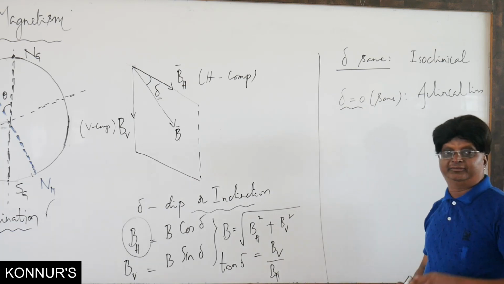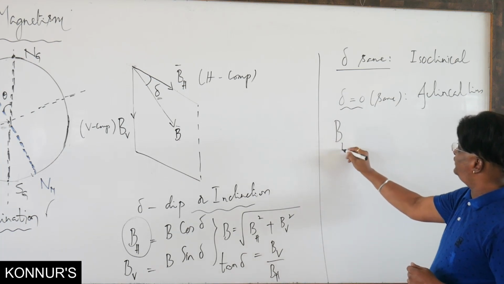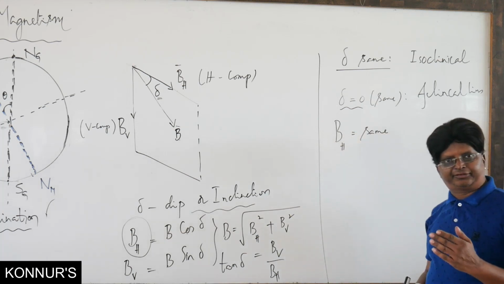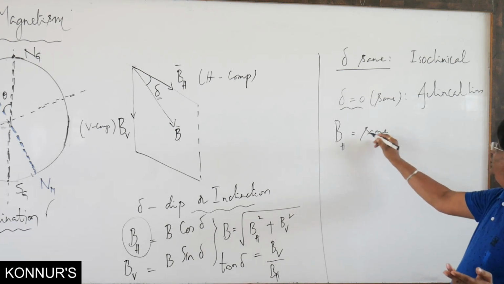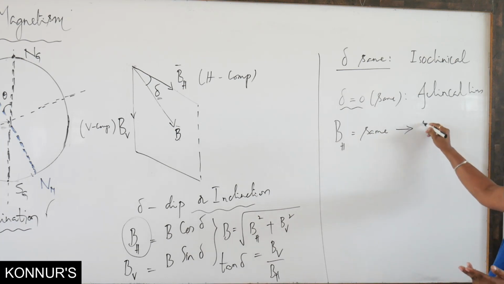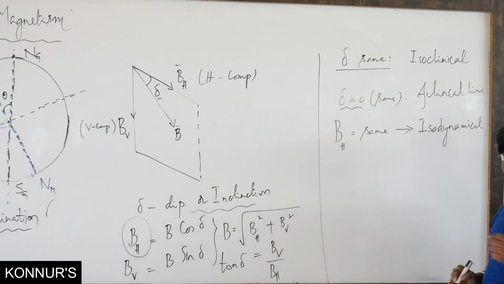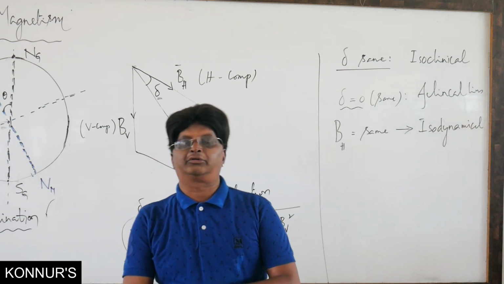And one more definition with respect to the magnetic map would be, suppose BH is the same. Now we are locating those places on the planet where the BH value is the same, then that locus is what is referred to as isodynamic lines. All these magnetic maps, you might have come across in biology.